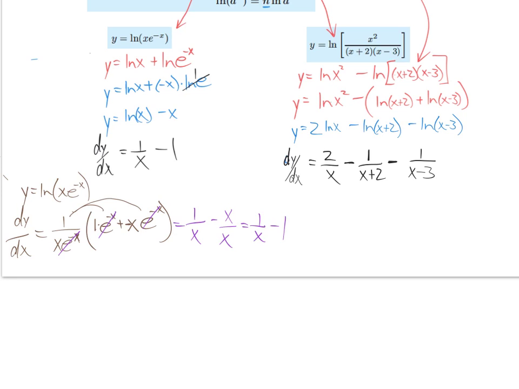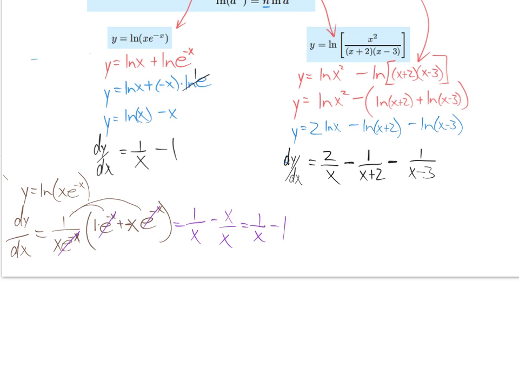But if on the bottom of, for example, 1 over x plus 2, it were like 1 over x squared plus 2, then you will need to take the chain rule of that, so include 2x on the numerator. Yeah, you'd put 2x on the numerator there. If that were an x squared plus 2. That's correct. Okay?